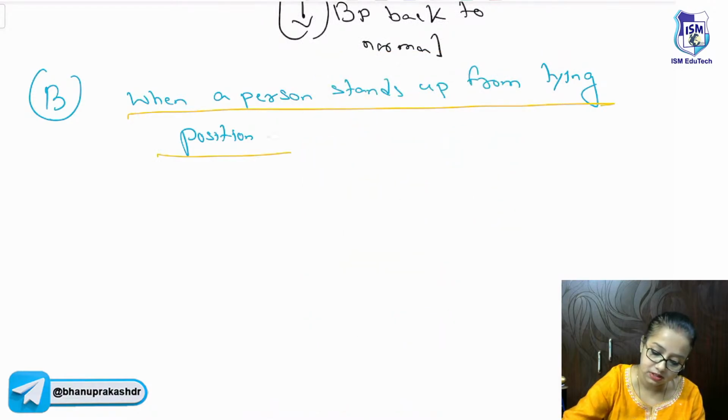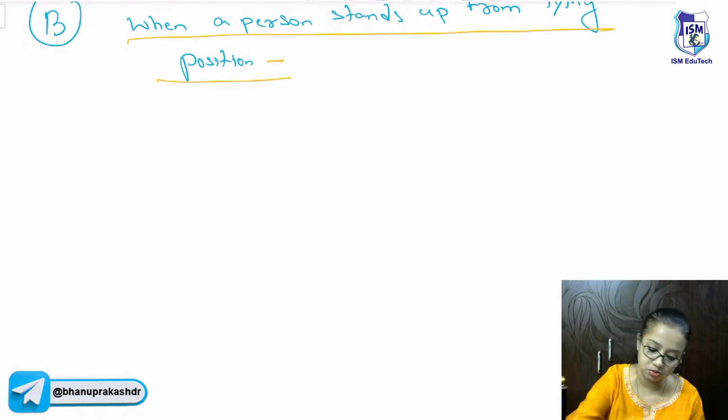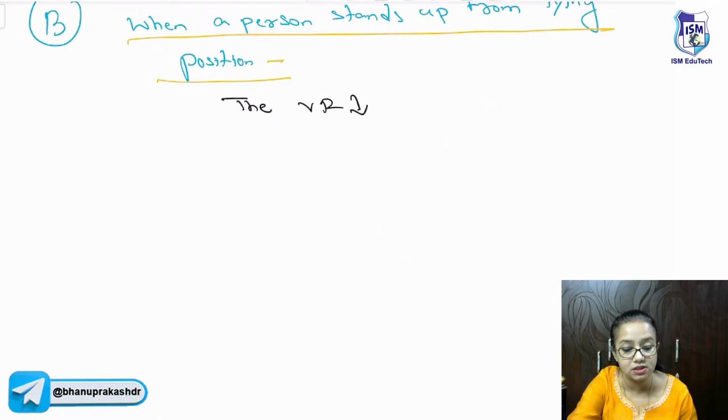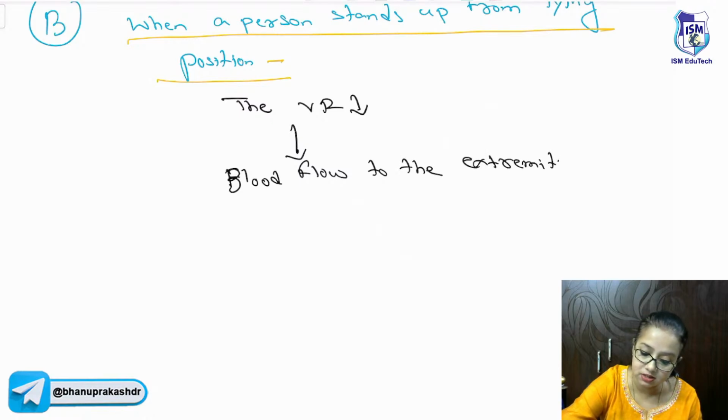When a person is standing up from a lying position, all of a sudden stood up, okay? So here, first what happens? The venous return decreases. Why does the venous return decrease? Because blood flows to the extremities.